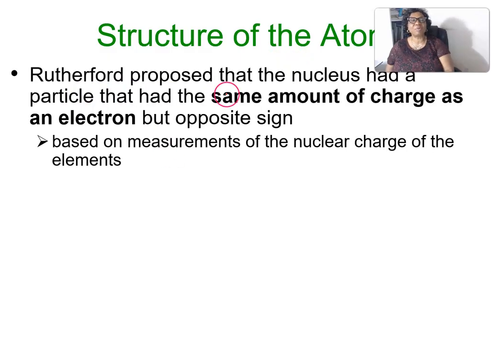Rutherford proposed that the nucleus had particles that had the same amount of charge as an electron, but opposite in sign, based on measurement of the nuclear charge of the elements.